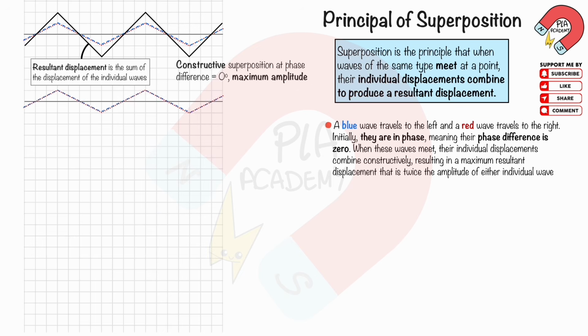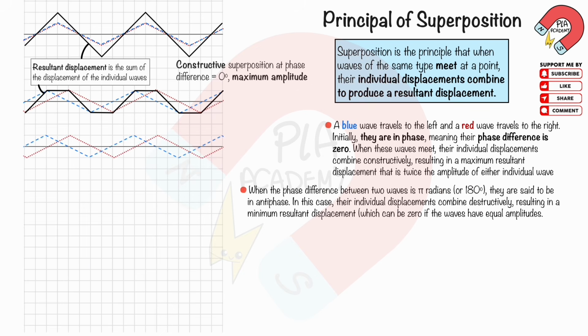When a blue wave travels one division to the left and a red wave travels one division to the right, their individual displacements combine to create the resultant displacement, as shown. When the blue wave travels one more division to the left and the red wave one more division to the right, the phase difference between the two waves is pi radians, or 180 degrees, and they are said to be in antiphase.